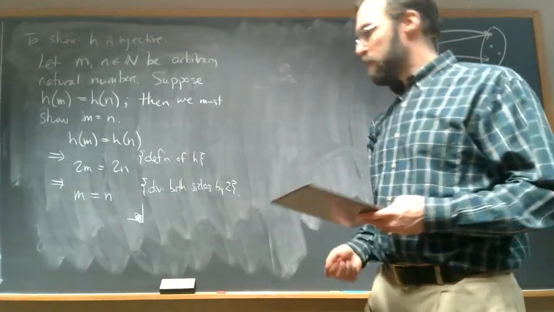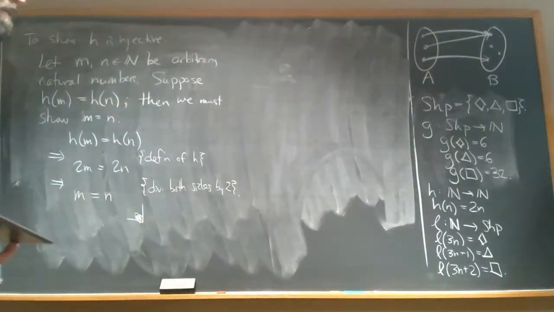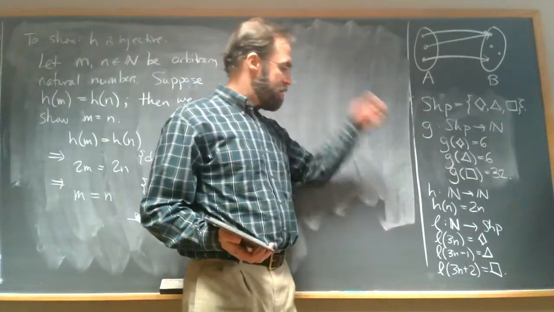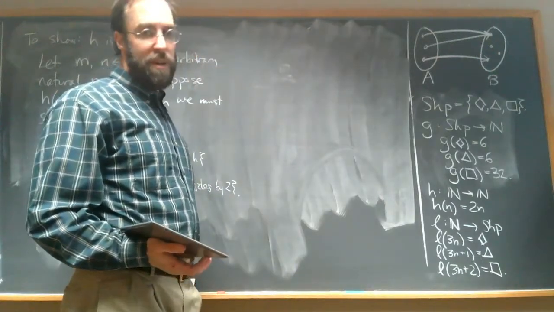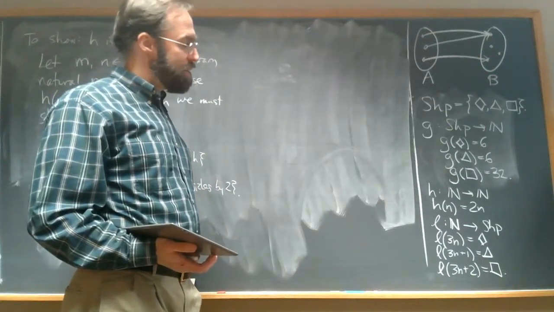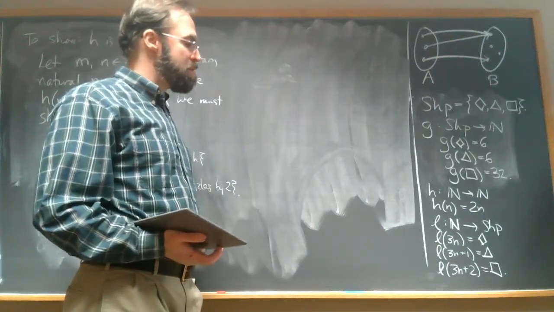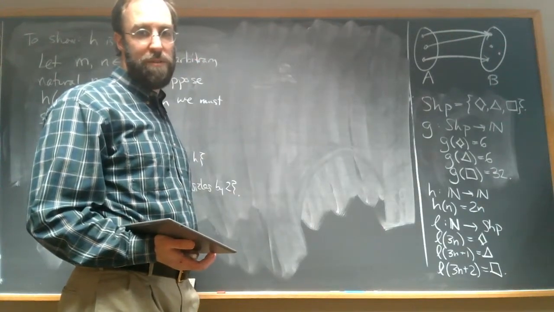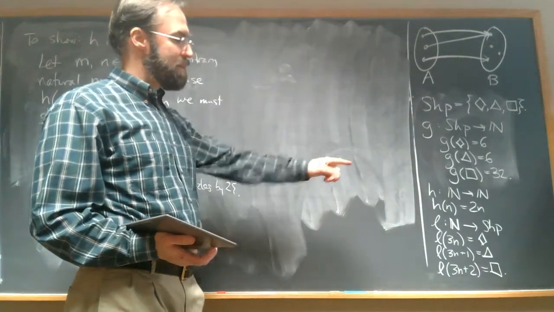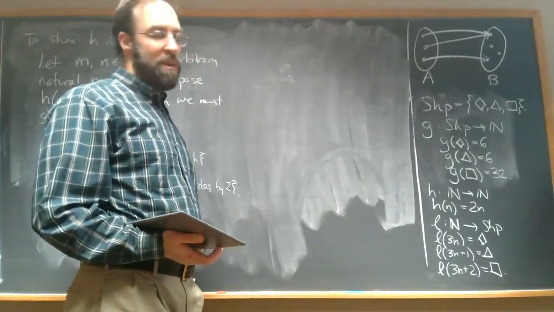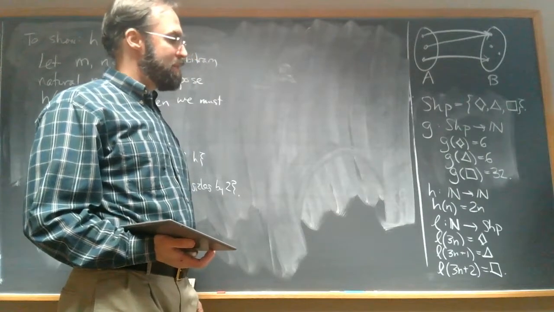Okay, how about our function L? Is L injective? No, it is not, because, for example, 3 and 6 are two different natural numbers that both get sent to diamond. And in fact, this is very not injective.